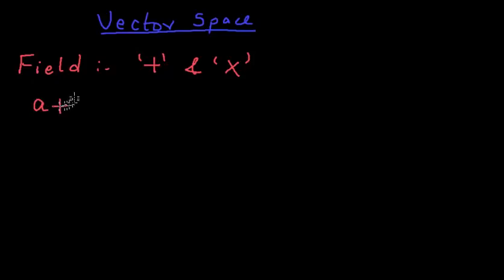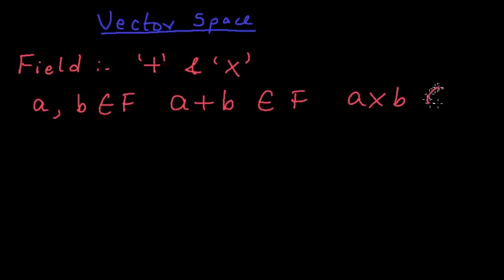Let's denote the set by F for the field. If a and b are part of the field, then they should be closed under addition and multiplication. a plus b should also belong to the field, and a times b also should be inside the field.